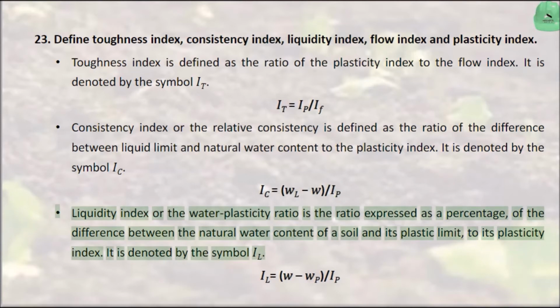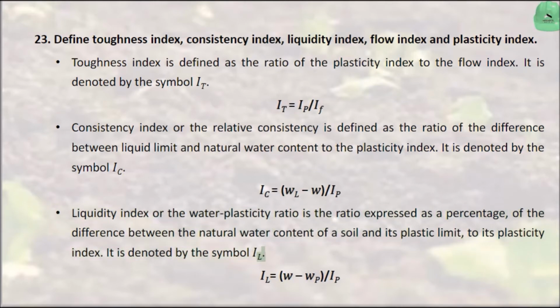Liquidity index, or the water plasticity ratio, is the ratio expressed as a percentage of the difference between the natural water content of a soil and its plastic limit to its plasticity index. It is denoted by the symbol IL, equals (w - wP) / IP.